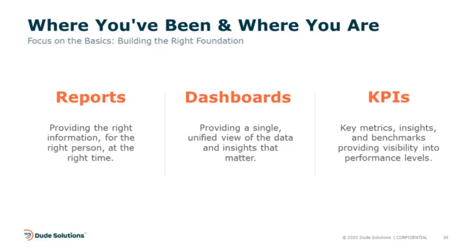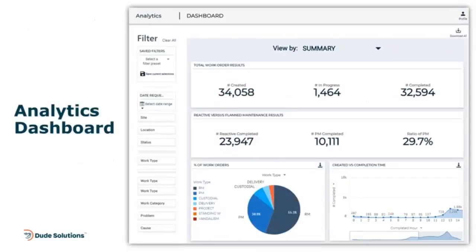And so analytics dashboard, this is an example of what we have at Do Solutions in our core central maintenance management system that we call Asset Essentials. This is a way for our customers to get visibility into those different reports, dashboards, and KPIs across the board when they're working with their individual teams.